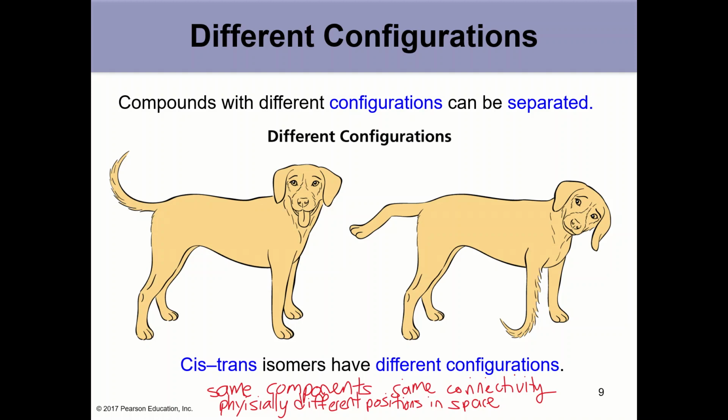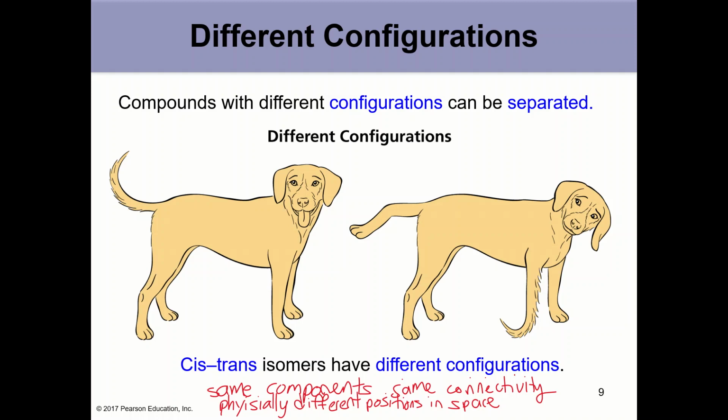So we have the same components, and the atoms are bonded in the same order. So carbon to carbon, carbon to hydrogen. The cis has the exact same order of bonds as the trans.